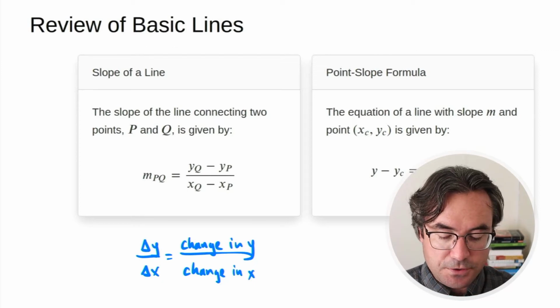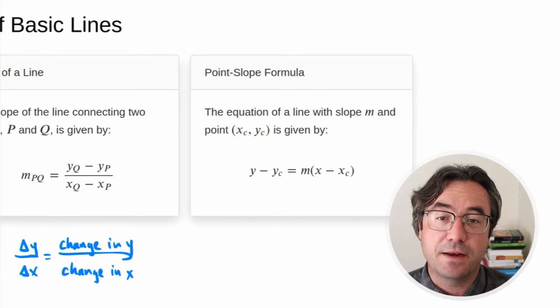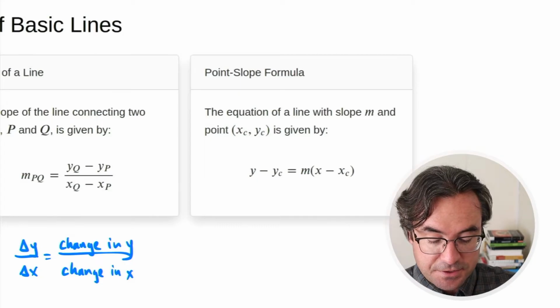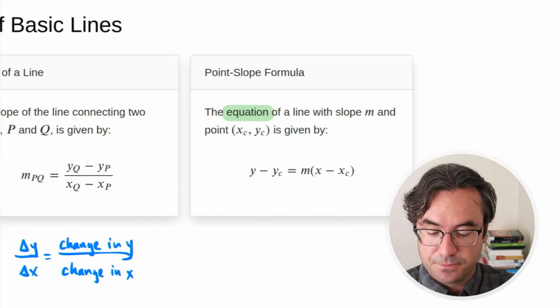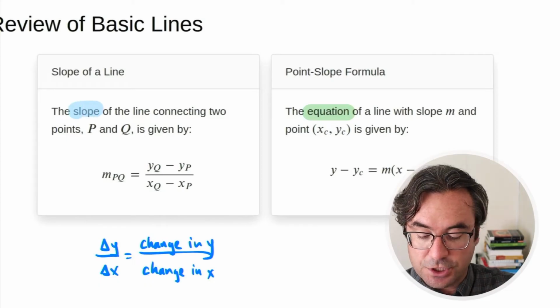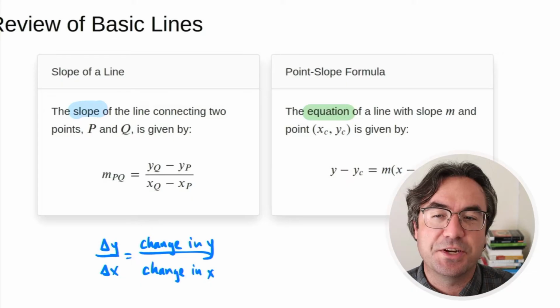Now with that, it'll also be helpful to remember the point slope formula for finding the equation of a line. So this is for the equation. This is for just the slope. So we use these two equations a little bit differently.